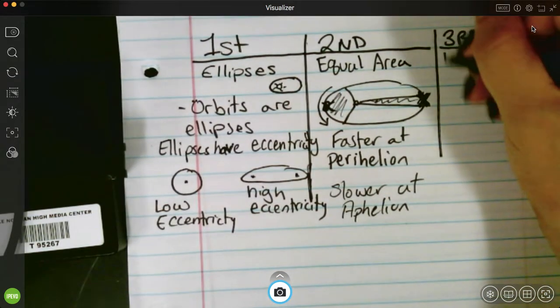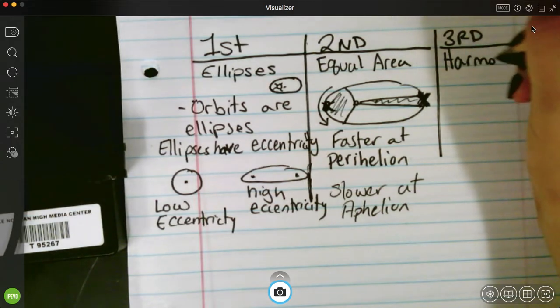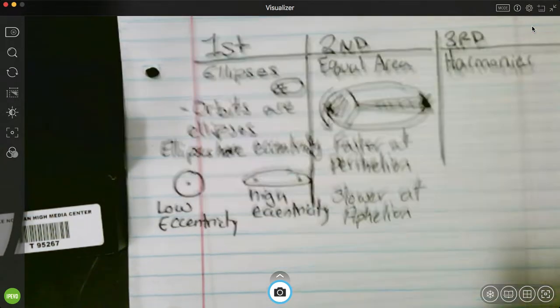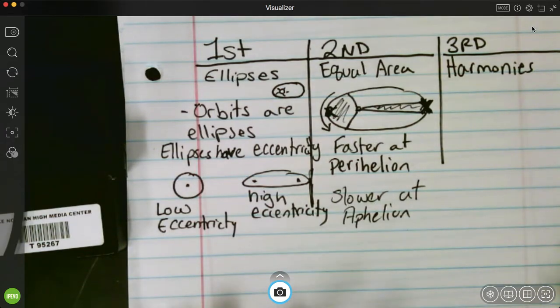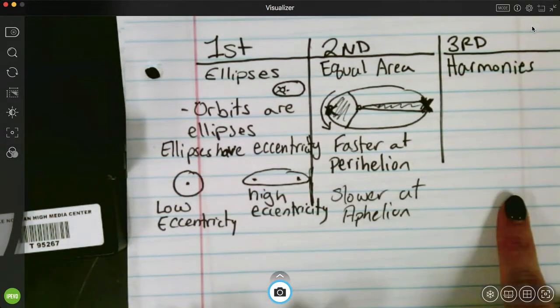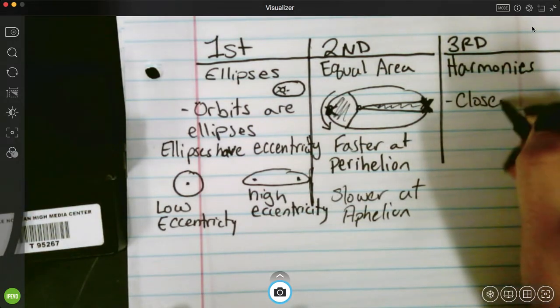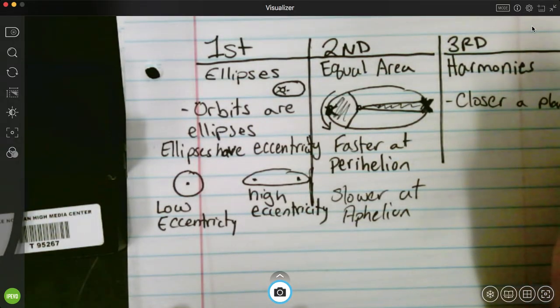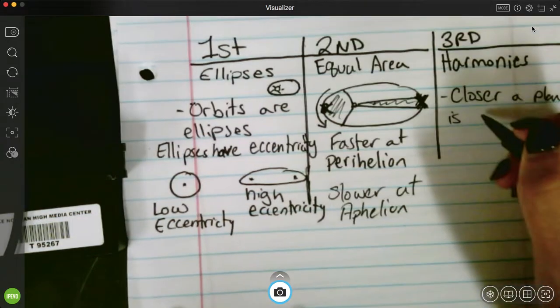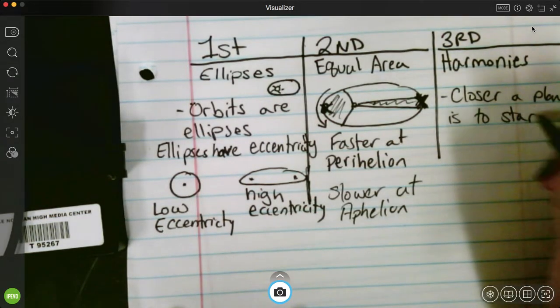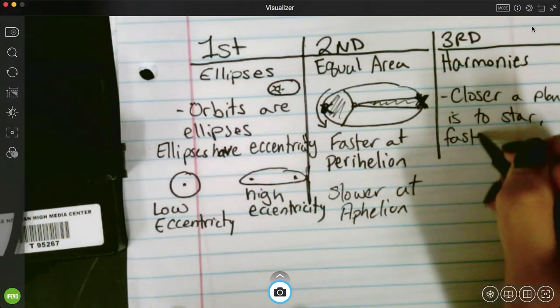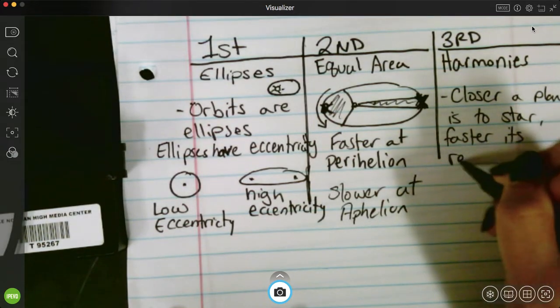The third law is the law of harmonies, or harmonic motion, or periods. It's all the same thing. But my favorite thing about this law is it's the most common sense. The closer a planet is to the star, the faster its revolution.